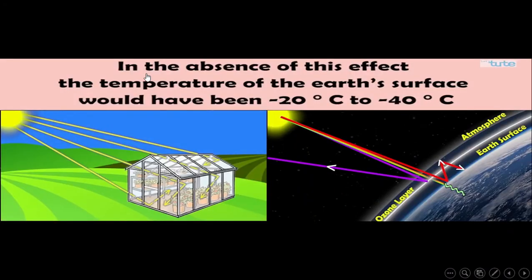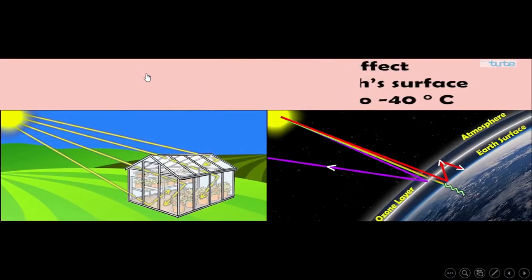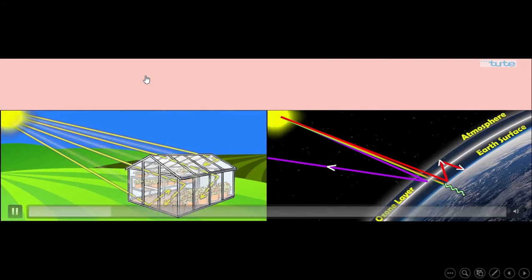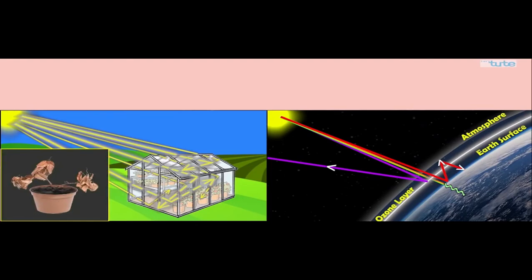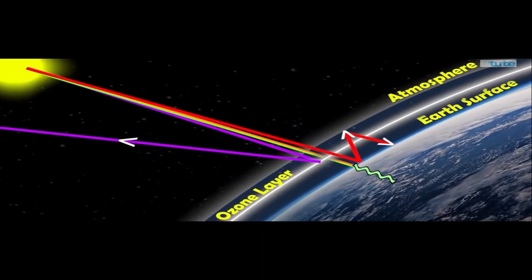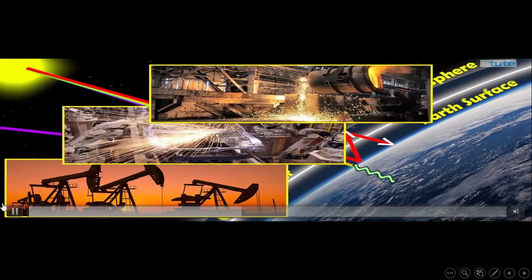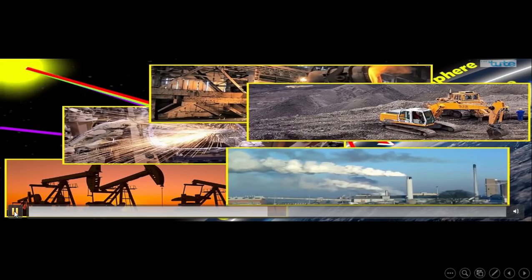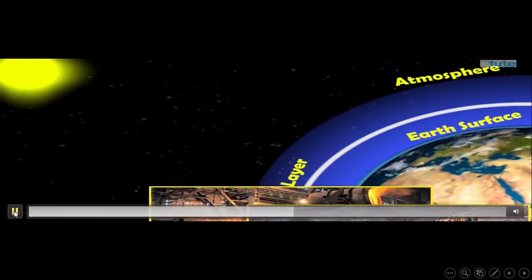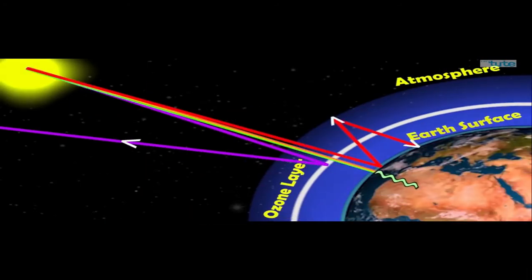But too much of something is bad, right? If the plants in the greenhouse receive excess heat, they would burn. And if we consider planet Earth, over the last 2 centuries, human activities have changed the Earth's atmosphere in a dramatic way. The amount of greenhouse gases has increased and is still increasing.